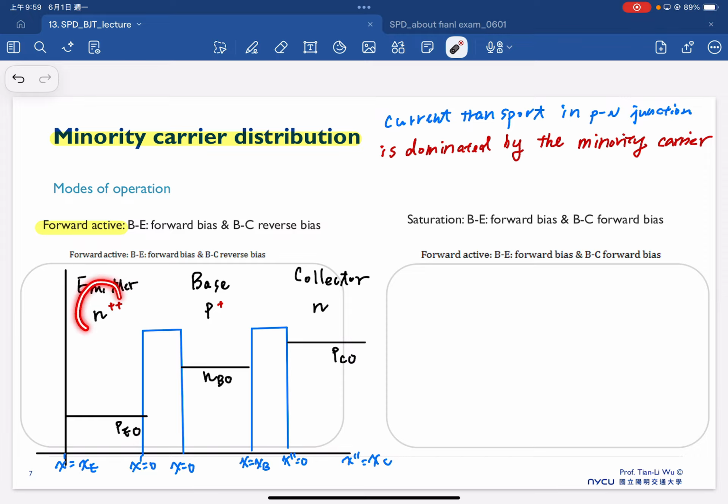So if you have a higher concentration of electrons, for sure you have a low concentration of holes. If you have a lower concentration of electrons, you have a higher concentration of holes, because N times P will always be equal to Ni squared. So that's why we make this whole minority concentration as shown in here.